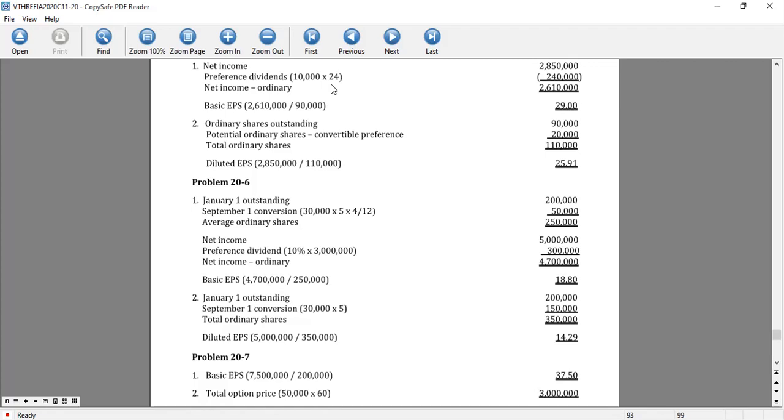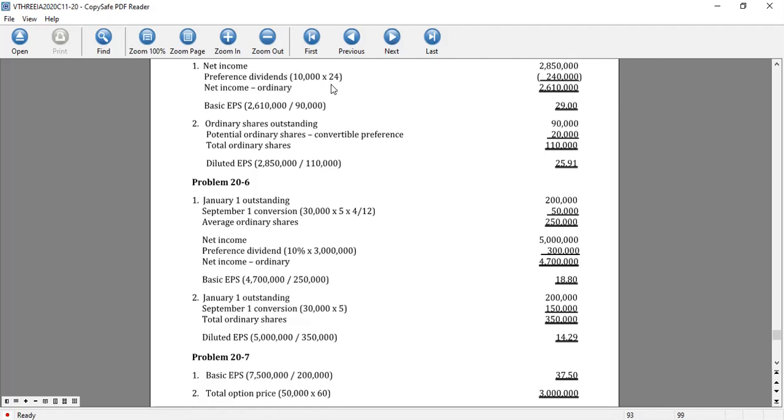So diluted earnings per share is 5 million, the amount of net income. Then we divide it by 350,000 shares.